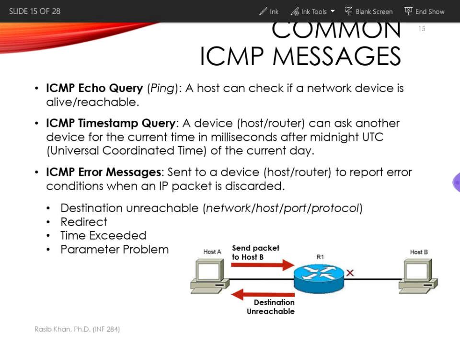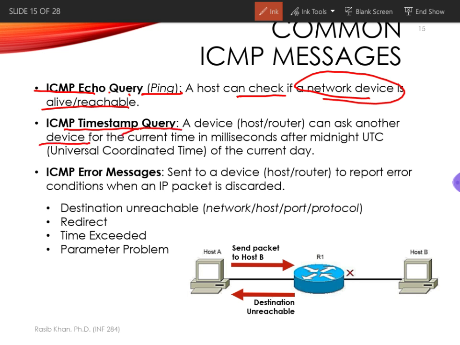So the common ICMP messages, the first one is an echo query, commonly known as a ping, and it can be used by a host to check if a particular network device is alive or reachable. Next, another kind of query is a timestamp query message, where a device can ask another device for the current time.